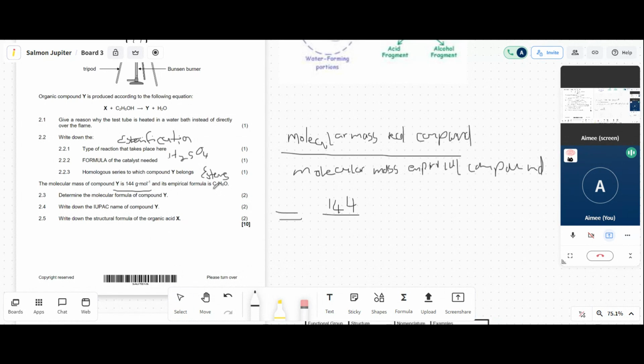And now we have to calculate the molecular mass of the empirical compound.